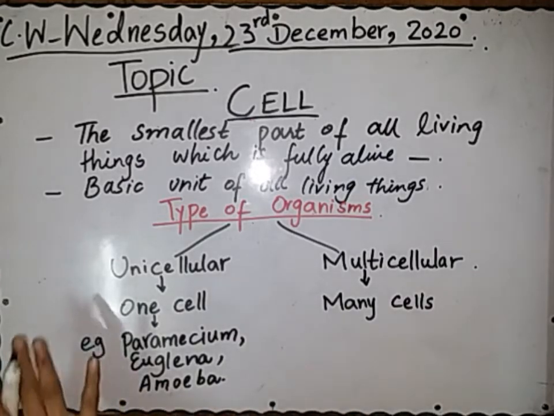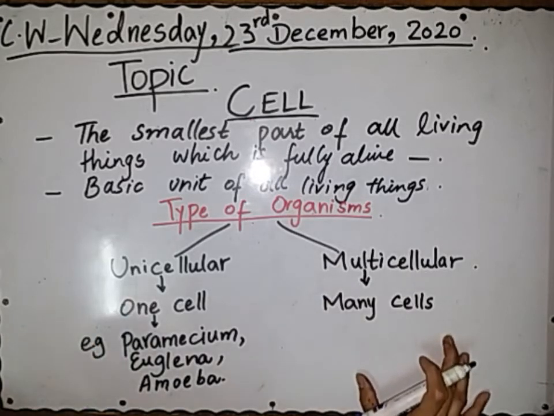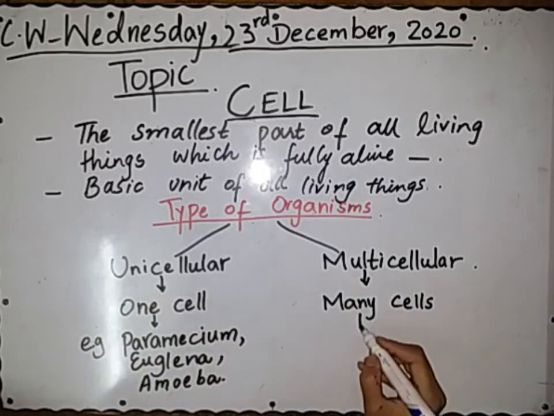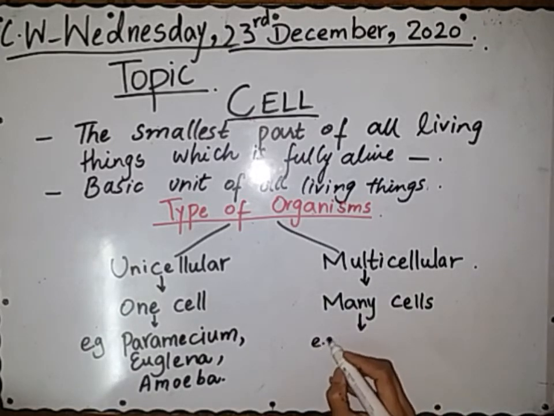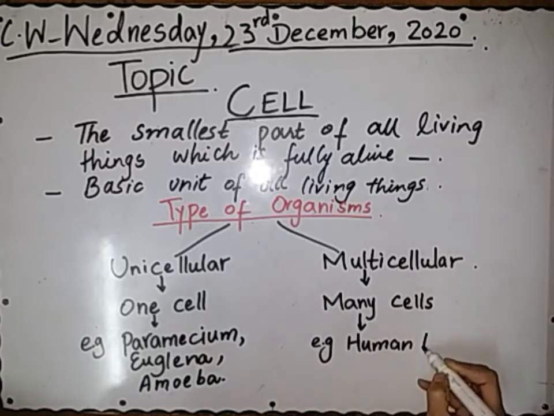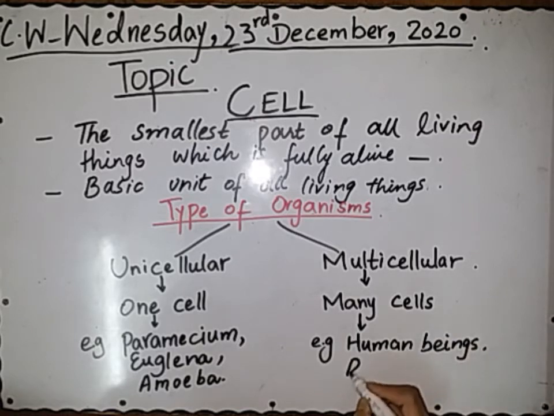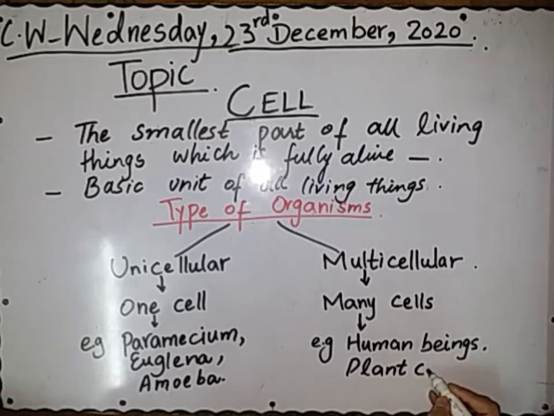These are all examples of unicellular organisms. Now what is a multicellular organism? The examples of multicellular organisms are human beings and plant cells. Plant cell is also an example of a multicellular organism.